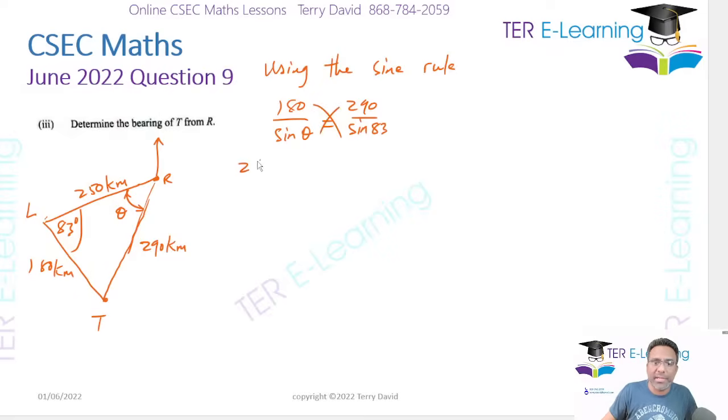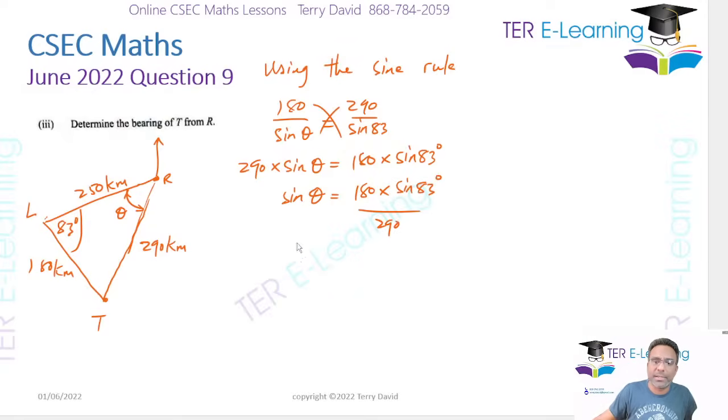So this is going to be 290 multiplied by sine theta is equal to 180 multiplied by sine 83. So therefore sine theta is 180 by sine 83 all over 290. So sine theta is equal to 0.616.